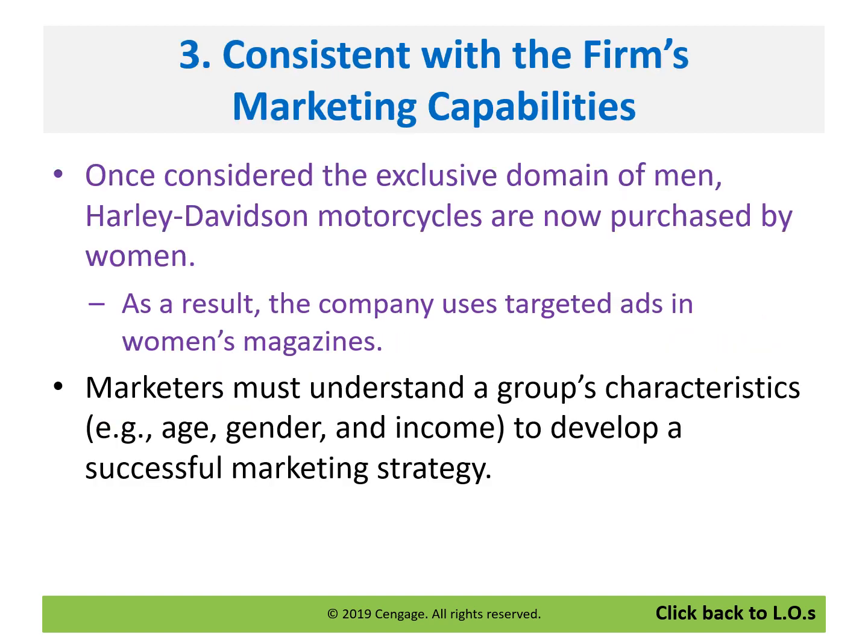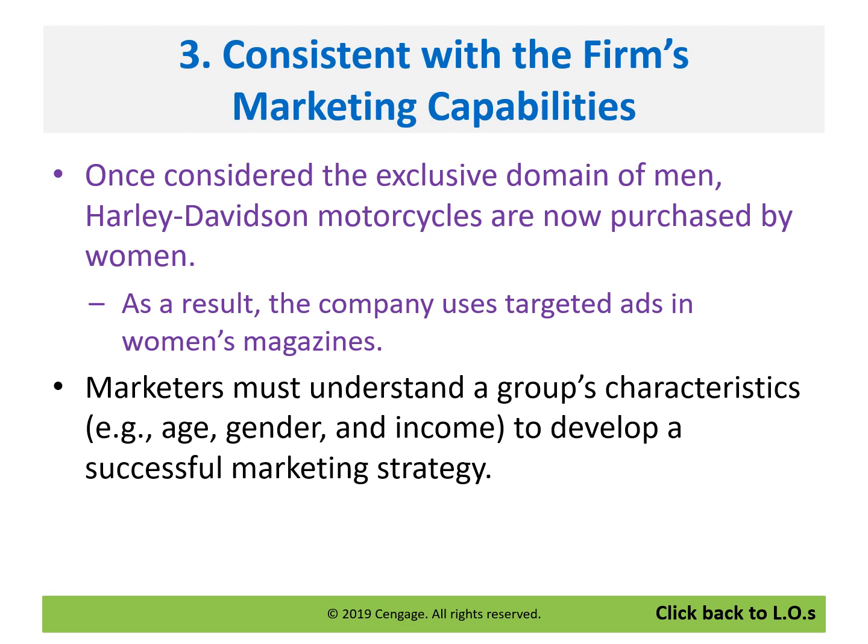Next criteria, the segment should have consistency with the firm's marketing capabilities. Once considered the exclusive domain of men, for example, Harley-Davidson motorcycles are now purchased by women. As a result, the company uses targeted ads in the women's magazines.